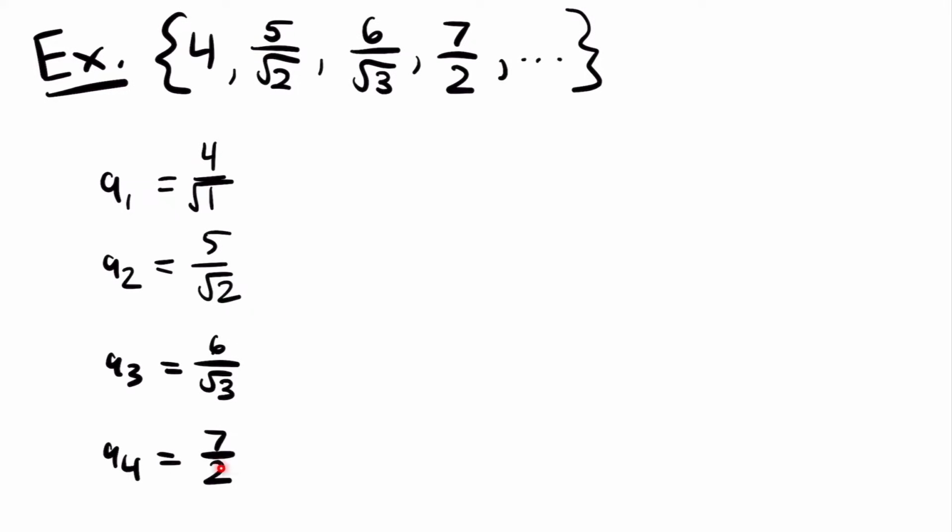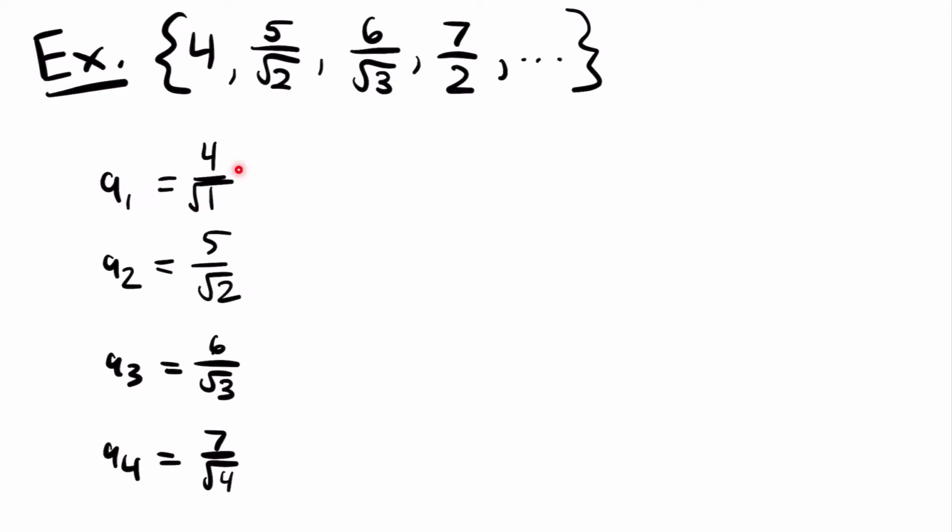But then what about this denominator of 2? Well, 2 is the square root of 4. So we can rewrite that to be the square root of 4. And now all of our terms are very similar. We have rational expressions with an integer in the numerator and a square root in the denominator.